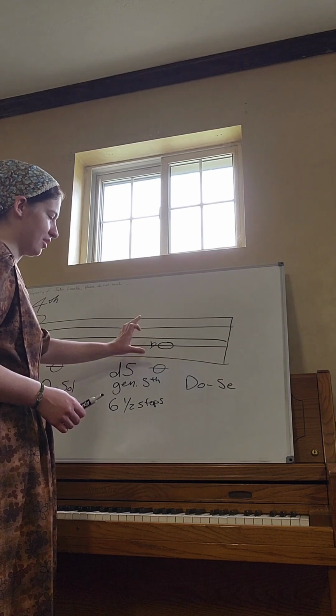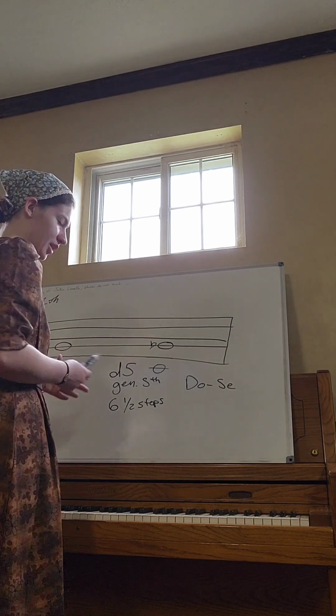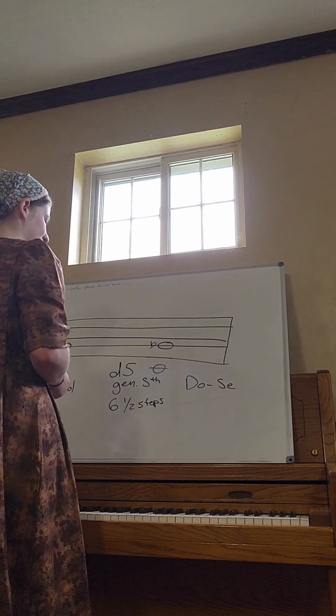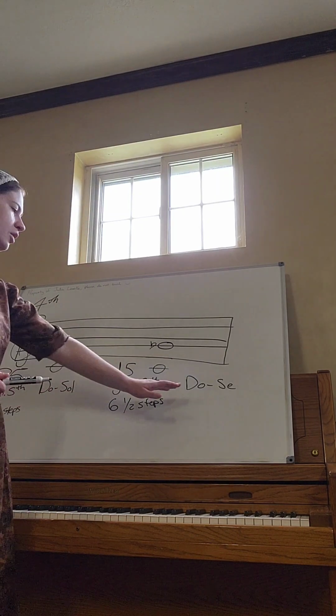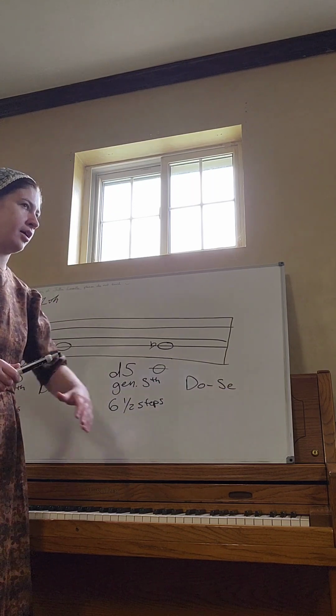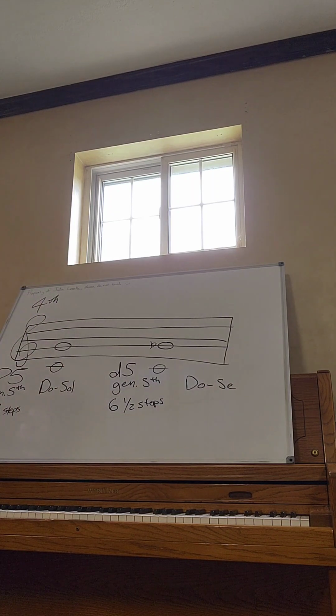It has to be do, se. Otherwise you're wrong. So yeah. Do, sol, do, se. And those are your fourths and your fifths. There we go. I hope this helped. Please let me know if you have any questions.